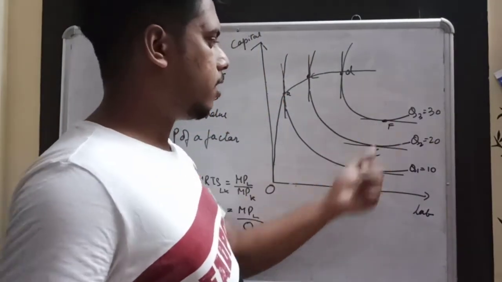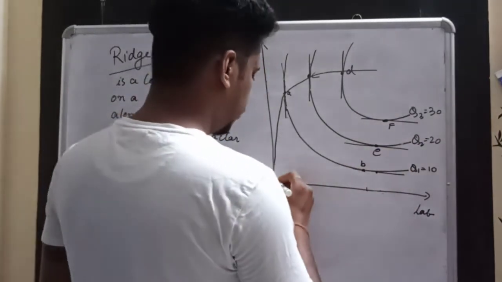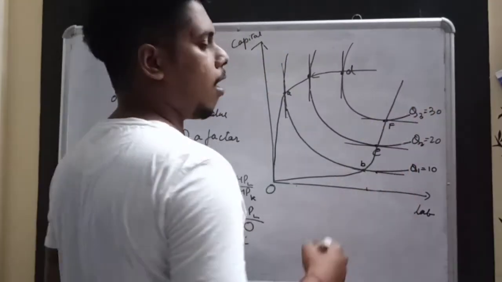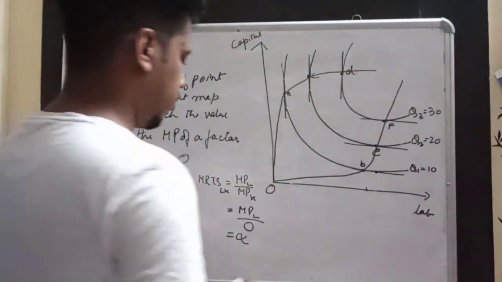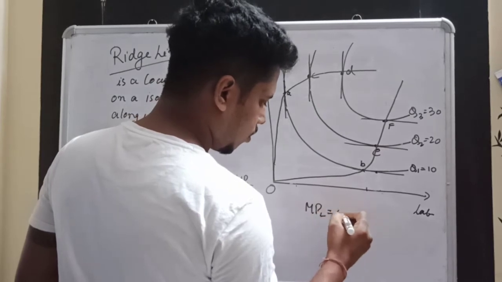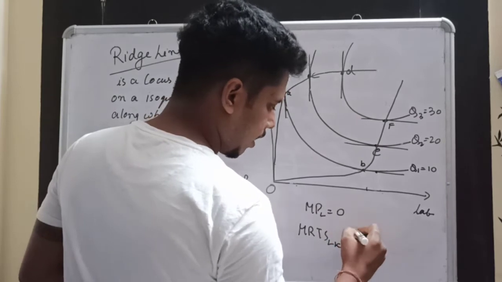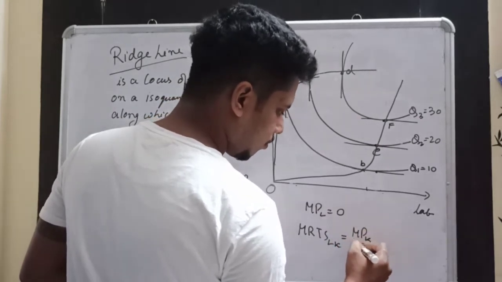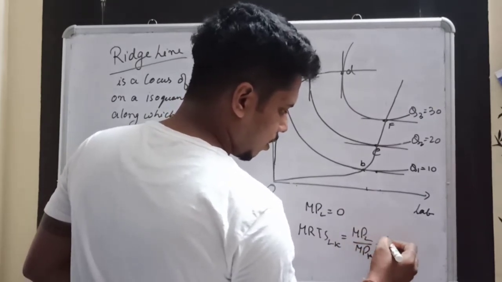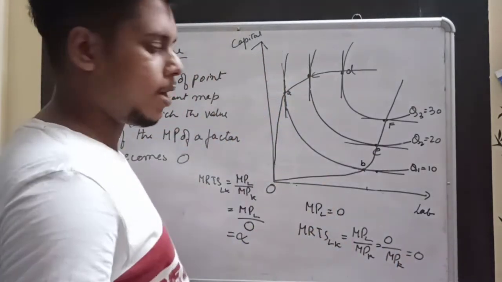Similarly, at points E and F also, the marginal productivity of labor will become 0. And if you join these points, you will get the lower ridge line. Now, along the lower ridge line, the marginal productivity of labor is 0, and the value of MRTS LK along this line is MPL by MPK, that is 0 by MPK equals 0. 0 divided by anything is 0.